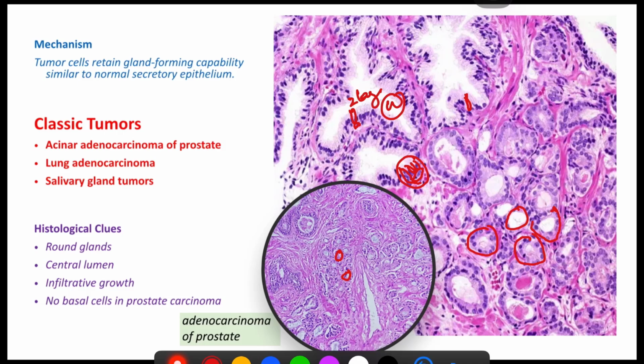Only a single layer of nuclei, a single layer gland, is seen, with absence of basal cells, right?